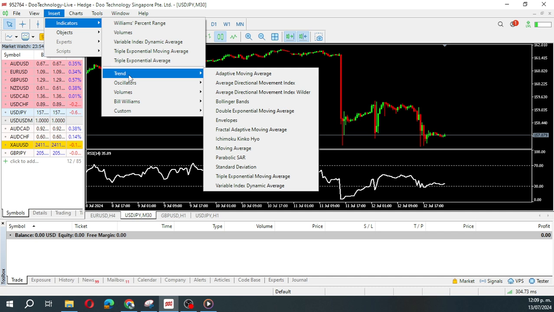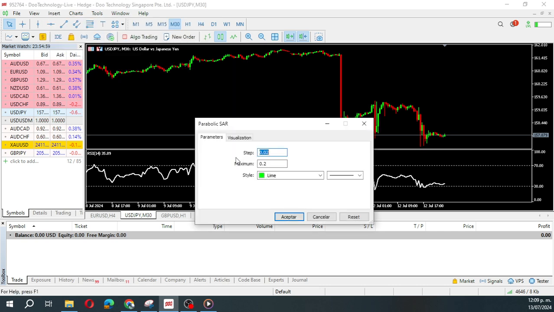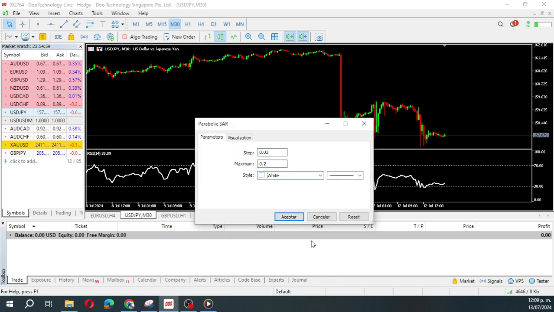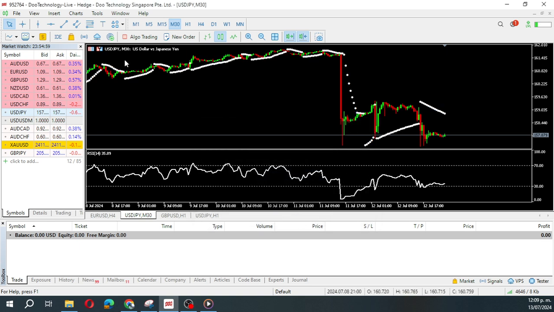Instead, this is a trend indicator that is called parabolic SAR, right? So we put it here, I'm going to make it white because we are in a black background, so white you will see more clearly. So we are going to accept.